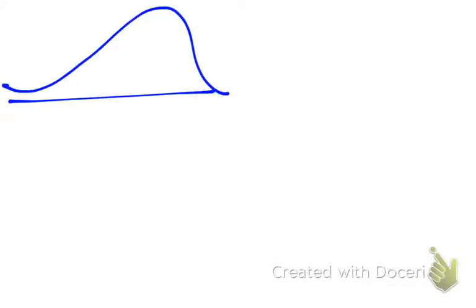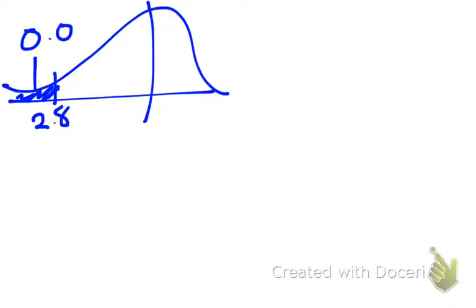When we write our answer up in a sentence, from our normal distribution, remember we're trying to find the probability of being less than 2.8 kg. We know that that area there, because of symmetry, is 0.0477.